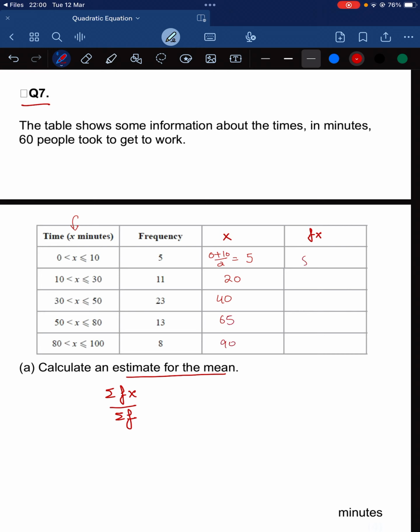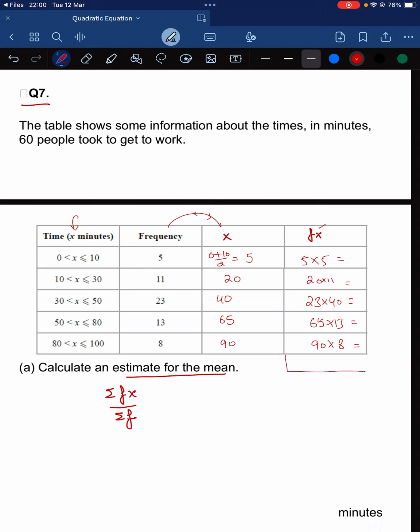Then if you multiply f and x, this column and this column, you will get the fx column: 5 times 5, 20 times 11, 23 times 40, 13 times 65, and 8 times 90.